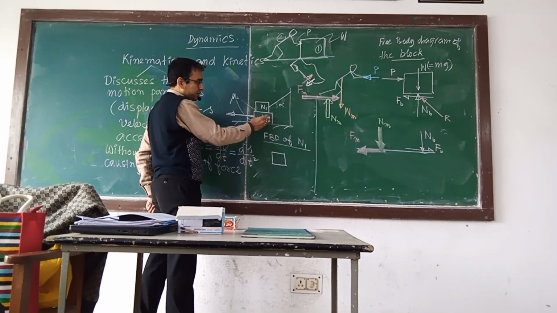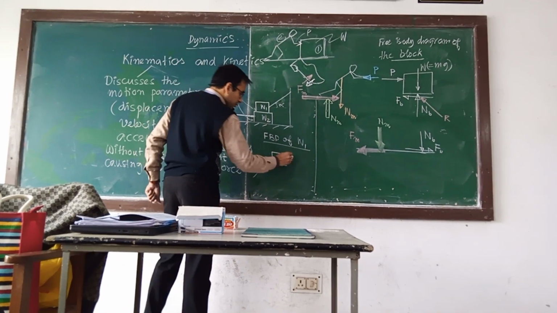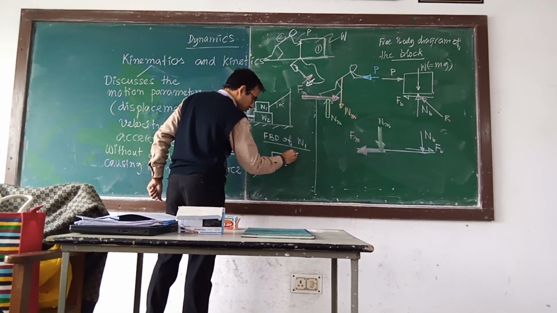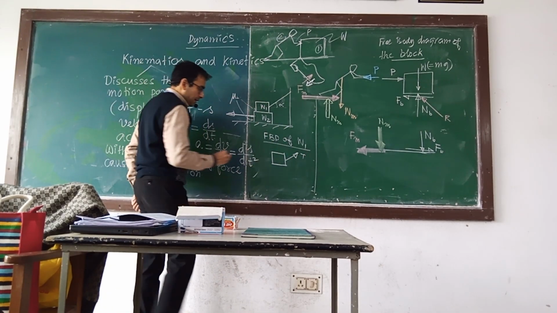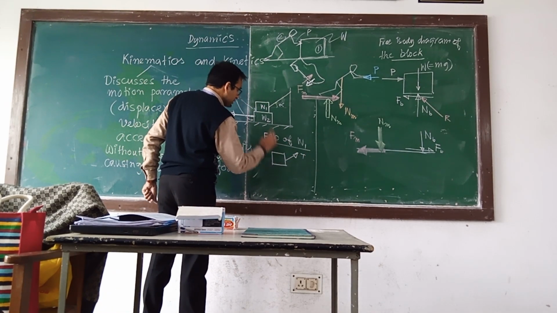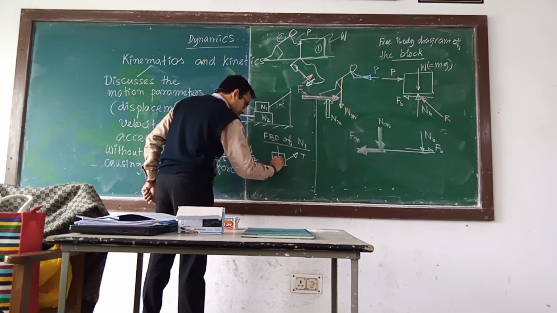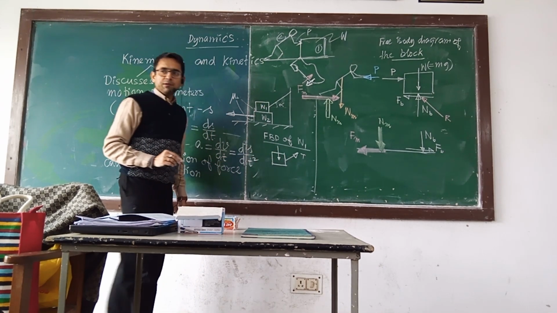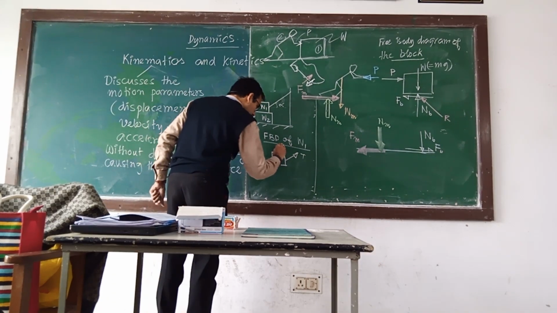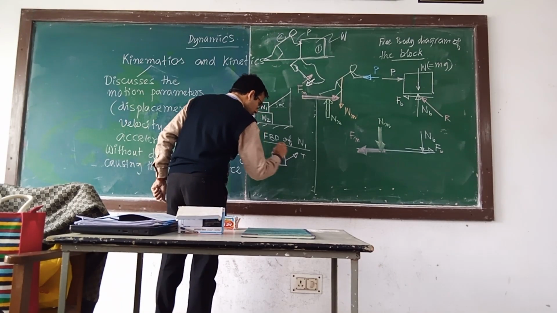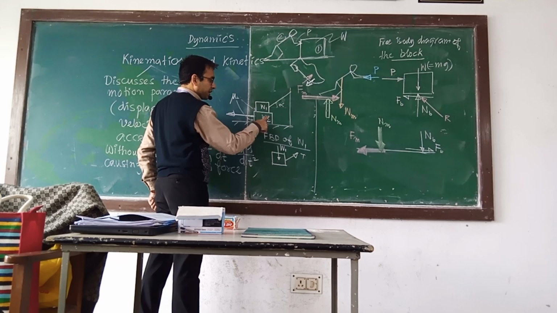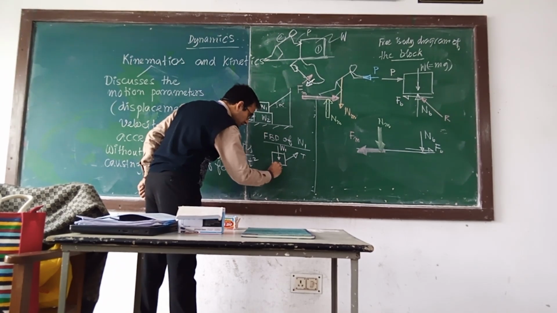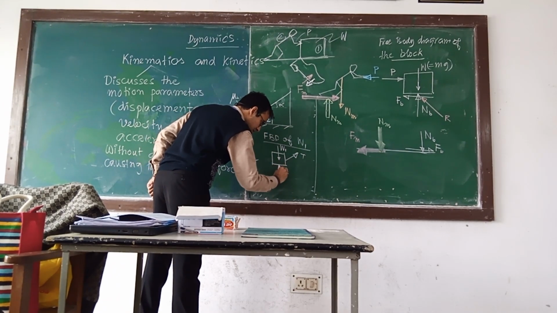So there will be a tension here, T. And it has weight, so W will be there. Whatever we know immediately we will draw, so it will be W1. Now on this, there will be a normal reaction by this. So say this is N1.